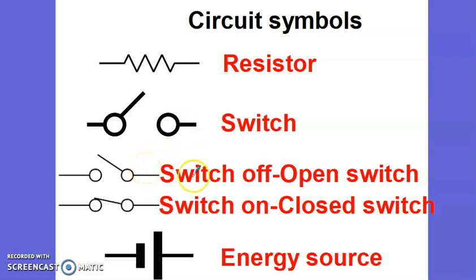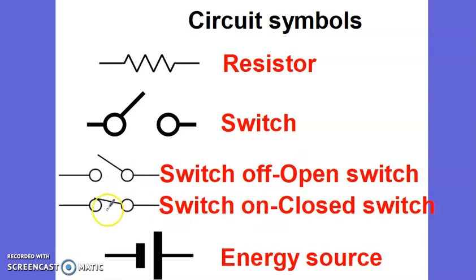So there's a switch off and a switch on. When you switch it off, the wire will rise or go up, and it's like it's broken, so there will be no continuous flow of electricity, so the gadget or the appliance will not work. That's the reason why when you switch off the light, the bulb will not light up, because the wire that is connected in this part is broken when we switch it off, and that is what we call an open switch.